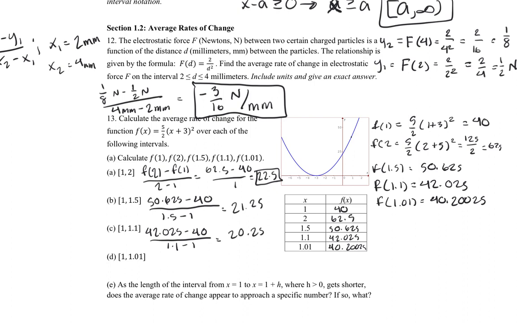And now for our last one, this even smaller interval from 1 to 1.01, we look at our f of 1.01, and we said it was 40.20025, minus 40 over 1.01 minus 1, which is going to equal 20.025.